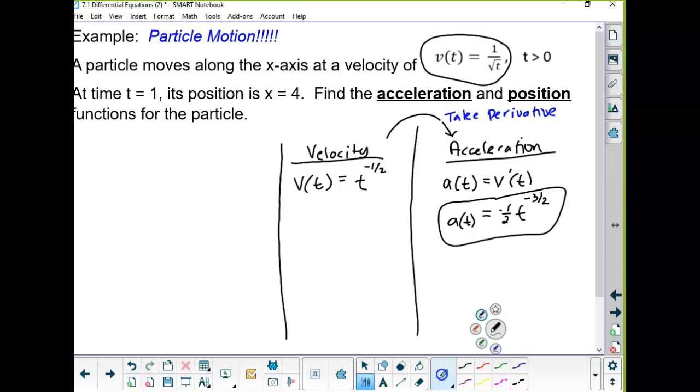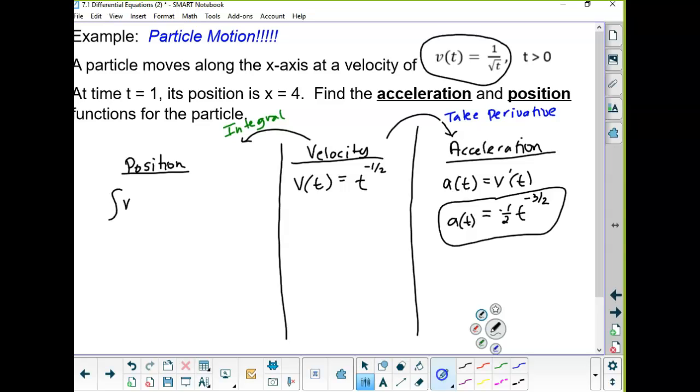But the newer material is if I have acceleration, I have to undo the derivative to get to position. So now we're going to do the integral or work with the derivative.